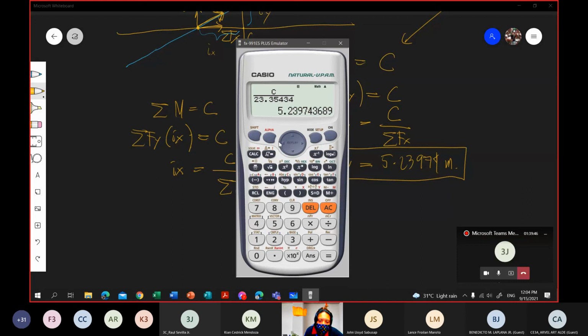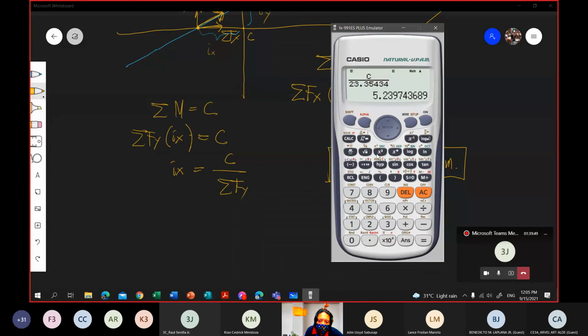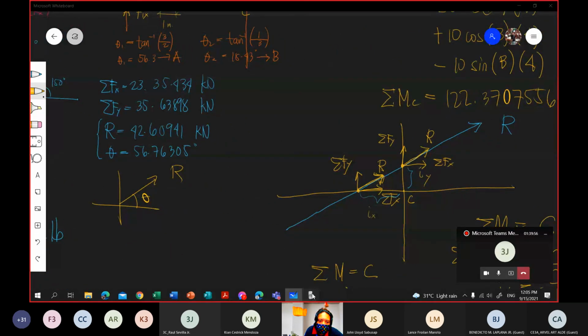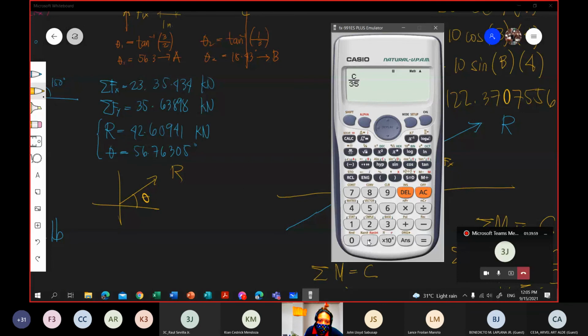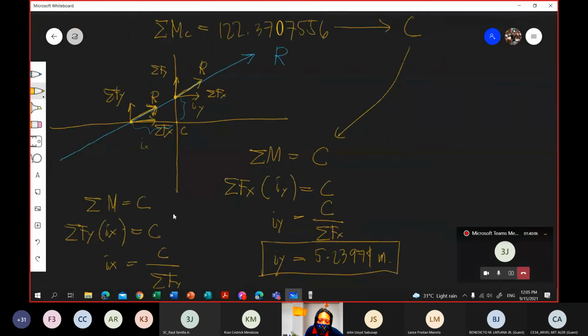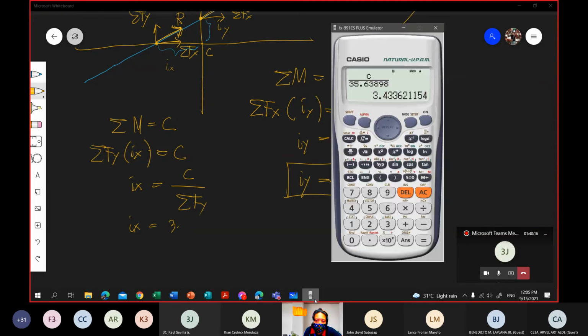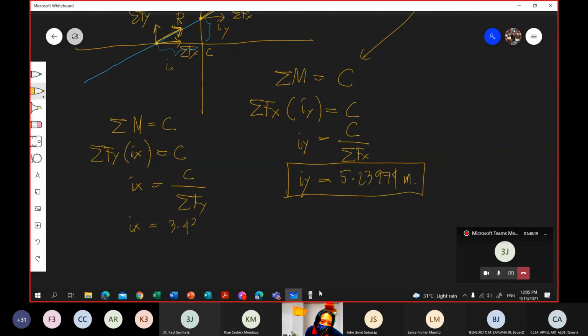Summation of Fy is 35.63898. Ix therefore is 3.433, 43362.